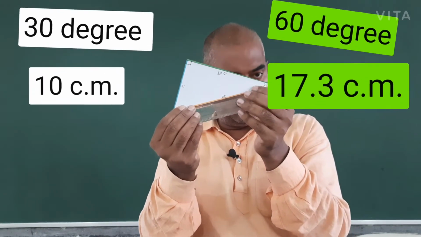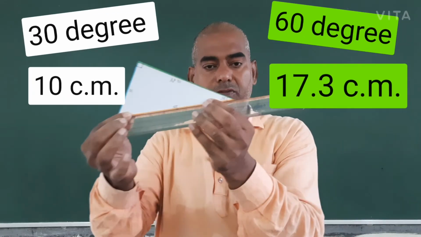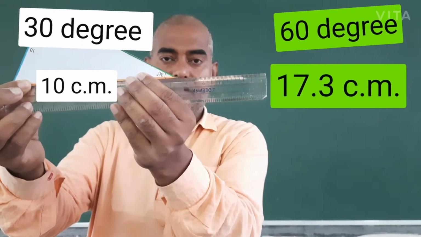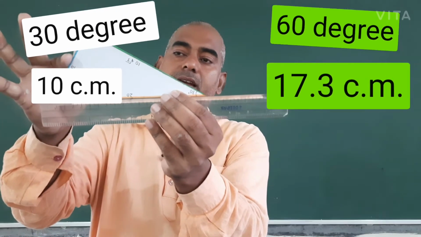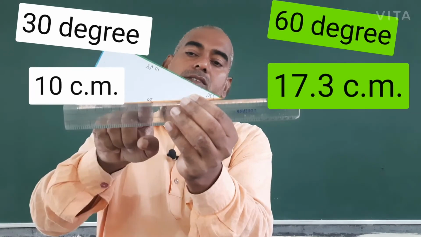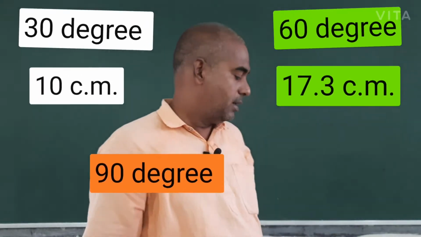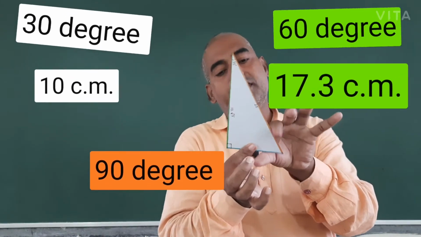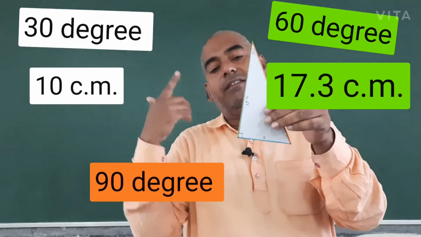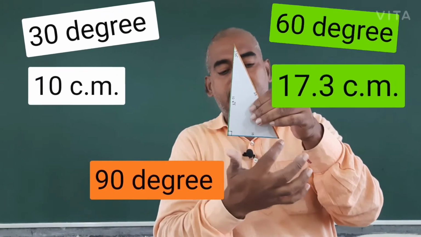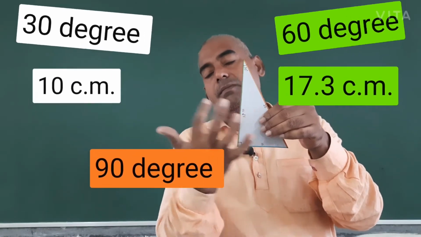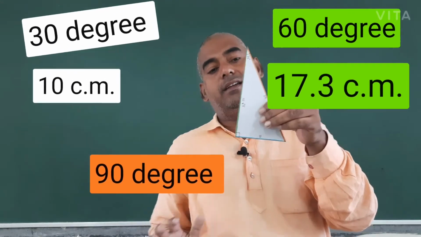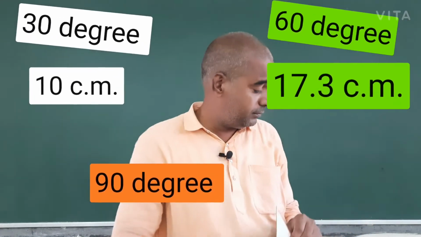This is visible as 20 centimeter. This is 10, this is 10 root 3, and this is 20 centimeter. So this is 10 and this is 20. Double is there, but opposite to the 90 degree.